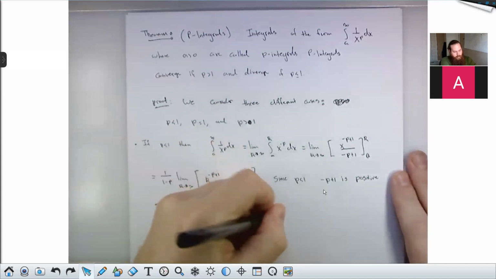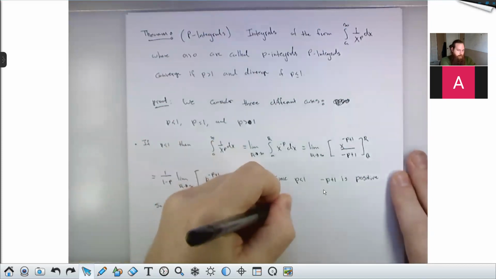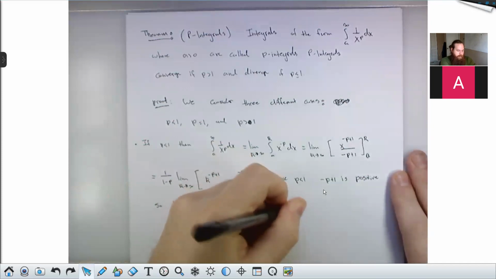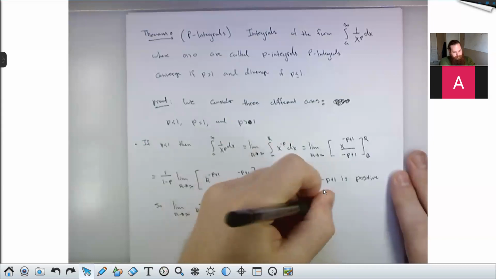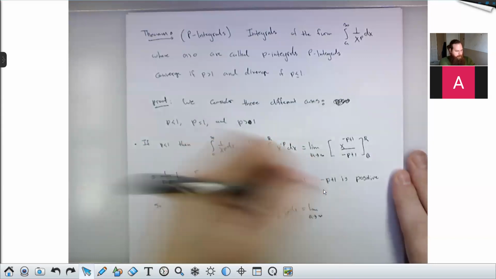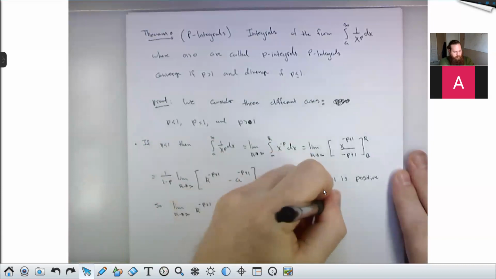So my integral from a to infinity of 1 over x to the p dx is equal to the limit as r goes to infinity. I've got a factor of 1 over 1 minus p that I'll slap on at the end.